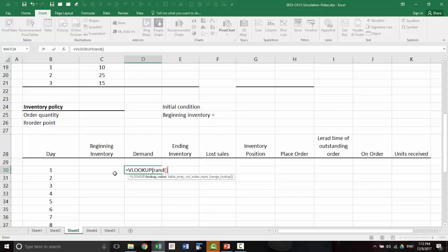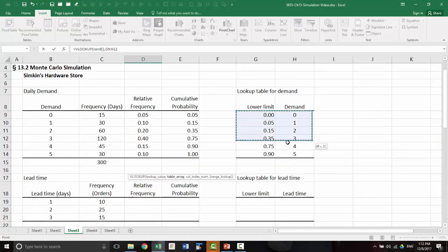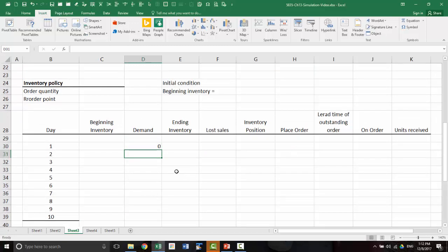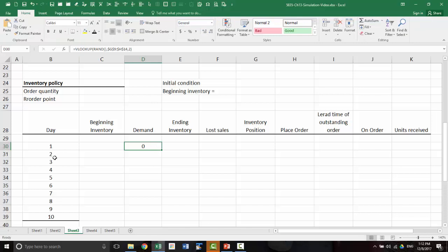So we look up rand, and then the lookup table, and that should be absolute referenced, comma 2. So that will give us the demand for each day. And say we want to simulate 10 days, and then we'll replicate it after that. Okay, so here are the demands.